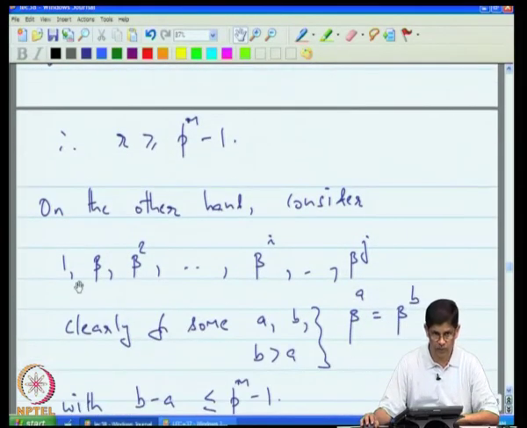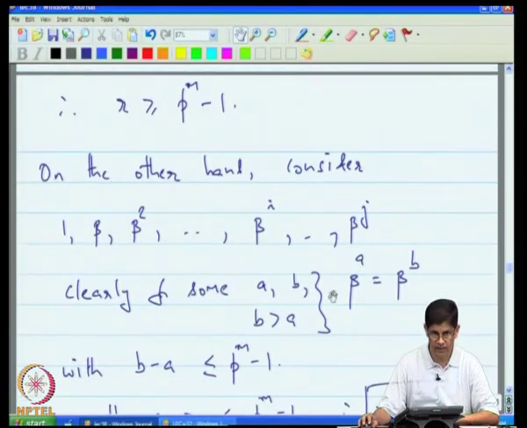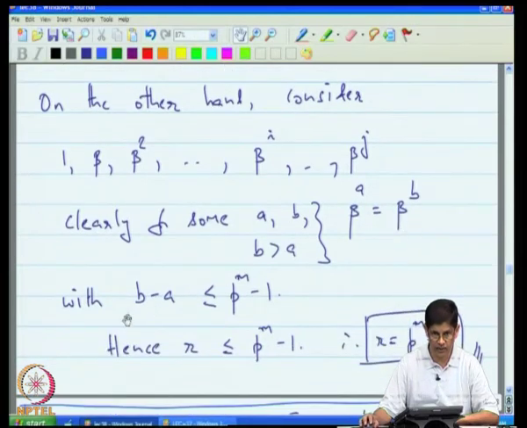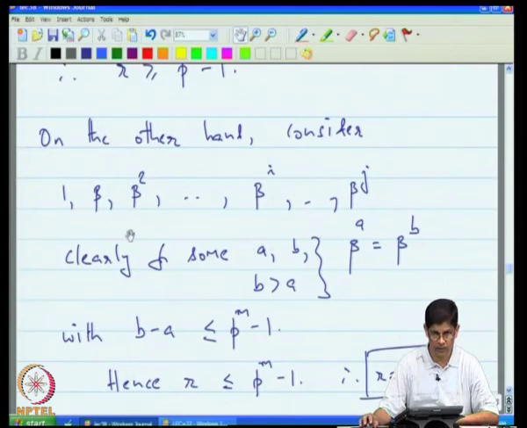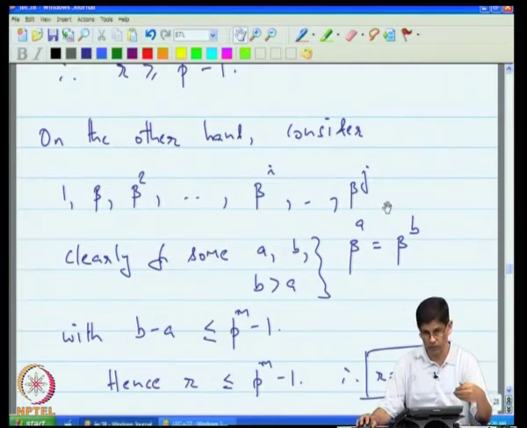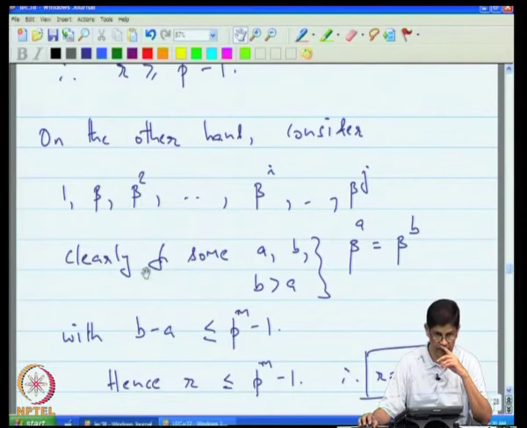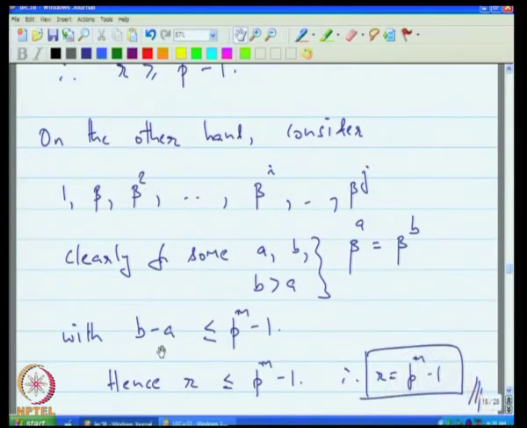On the other hand, if you consider 1, beta, beta squared, increasing powers of beta, again for some pair A, B, beta to the A must equal beta to the B, with B minus A less than or equal to p to the m minus 1, because the finite field contains only p to the m minus 1 non-zero elements. So, by the time you reach p to the m minus 2, you have achieved the maximal possible count. Thereafter any element that you get must be a repeat of some earlier element, and therefore, the difference between B and A must be less than or equal to p to the m minus 1.